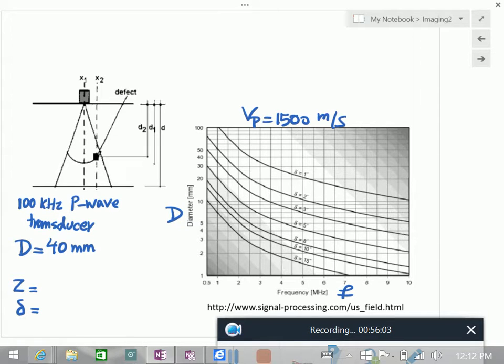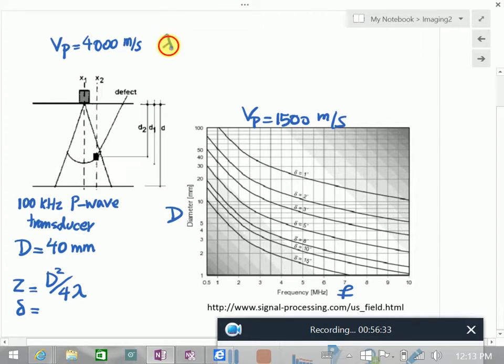So the near field will be d squared over 4 lambda. So we need to first calculate lambda. And let's take the Vp of 4000 for concrete.